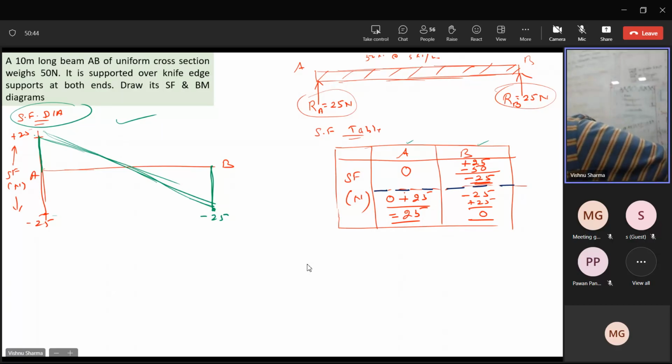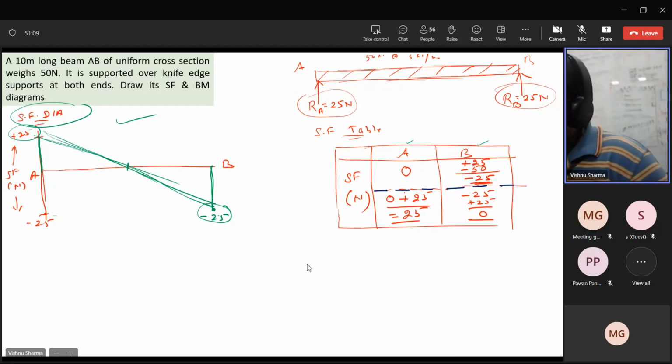And has the SF diagram crossed the x-axis at any other point? Yes, it has crossed here. Now you have to see where it crosses. In this case, it will cross at the mid length. Why? Because it is 25 on this side, and 25 on this side. Both values on the side ends are the same. So it will cross at the mid length, guys.